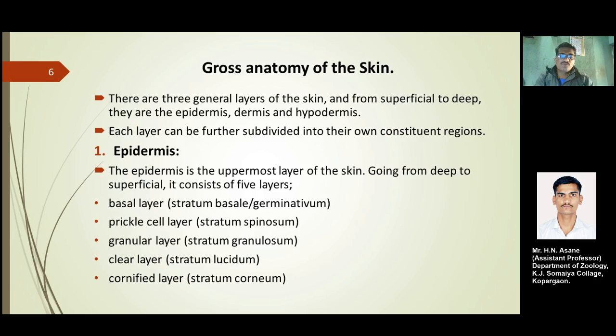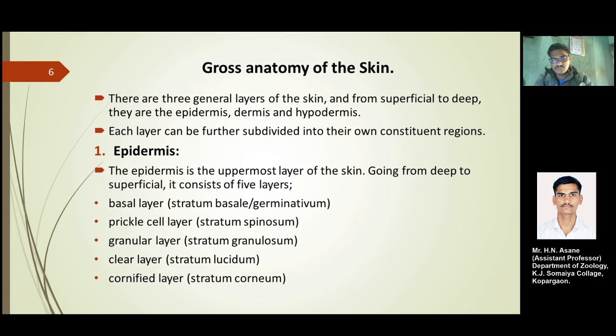First is the basal layer, also known as the stratum basale or stratum germinativum. The second is the prickle cell layer, the stratum spinosum, and the granular layer, the stratum granulosum. The clear layer is the stratum lucidum, and the next is the cornified layer, the stratum corneum.